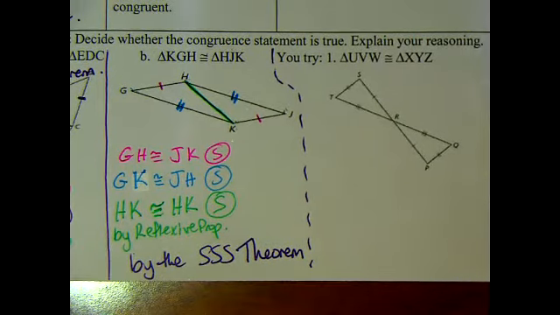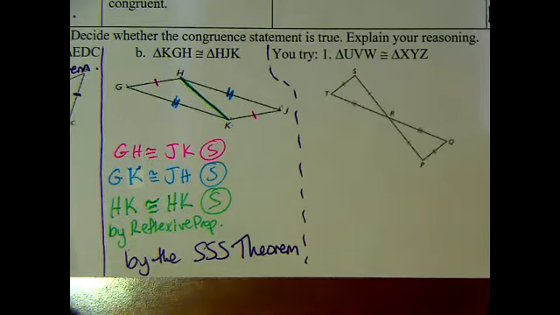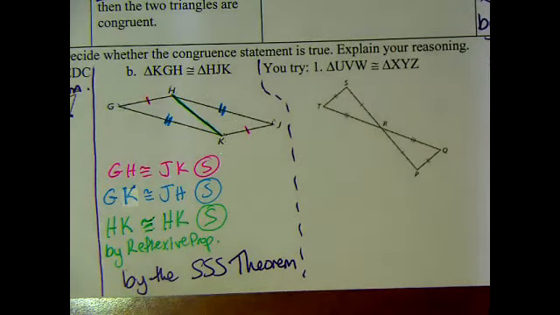Let's look at another example here. You have triangle UVW and XYZ. Can you darken the tick marks? Yes, I will in a moment. So in this triangle, we are given three sets of tick marks here for our sides.